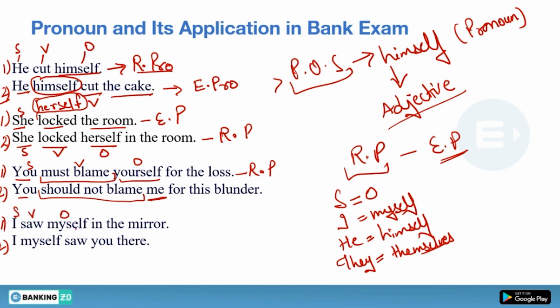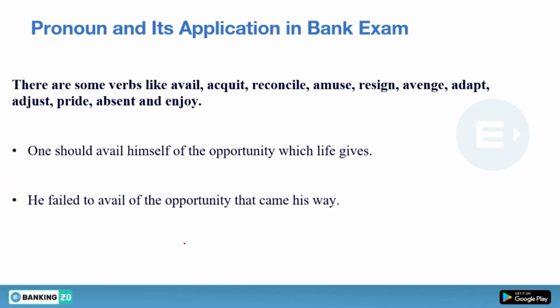I saw myself in the mirror. That means subject is the receiver also. Subject is the object also. But what if I say I saw you there, I myself saw you there? That means this is your emphatic pronoun. So this is the difference between your reflexive and emphatic pronoun.